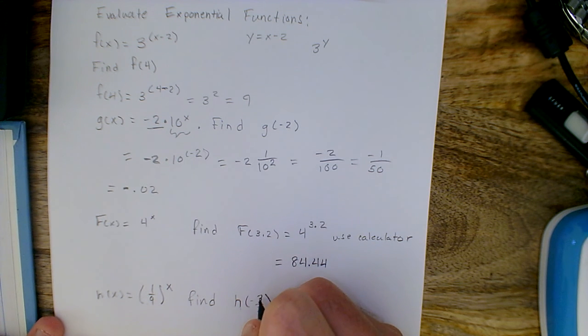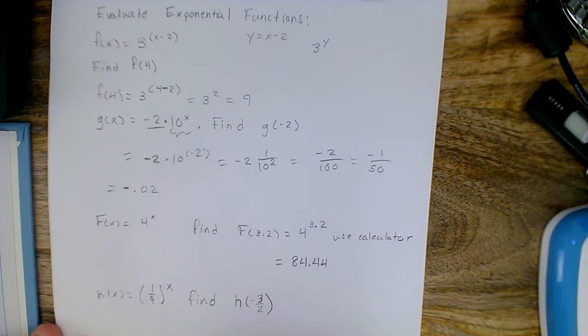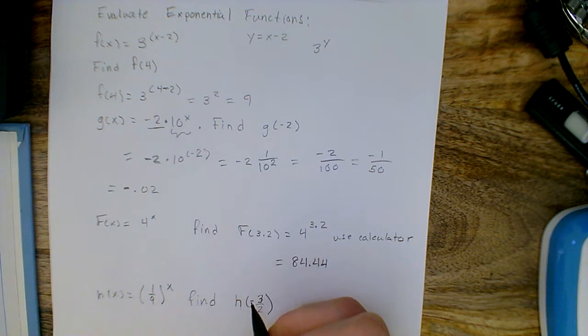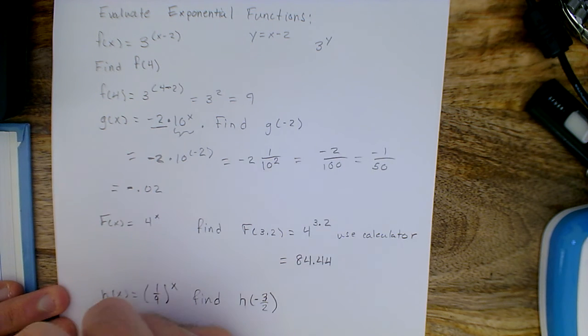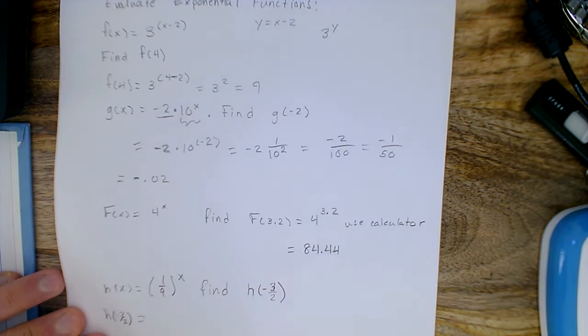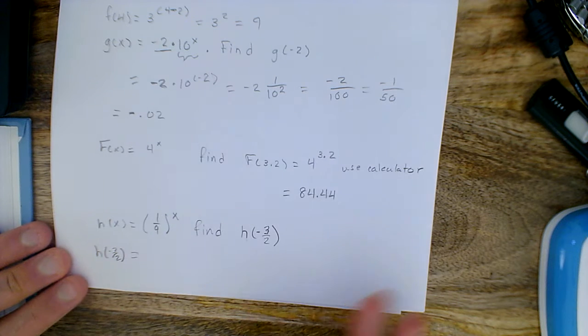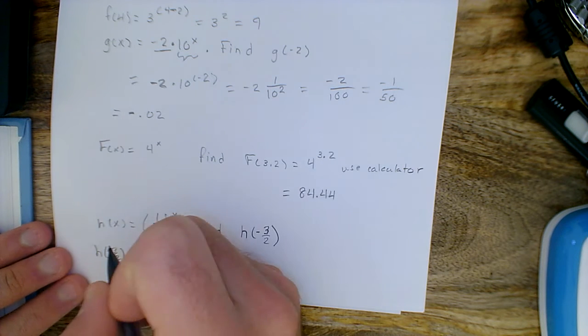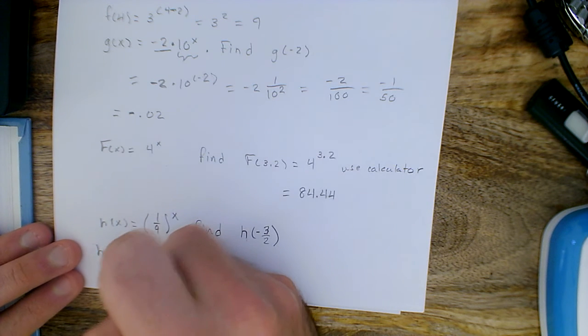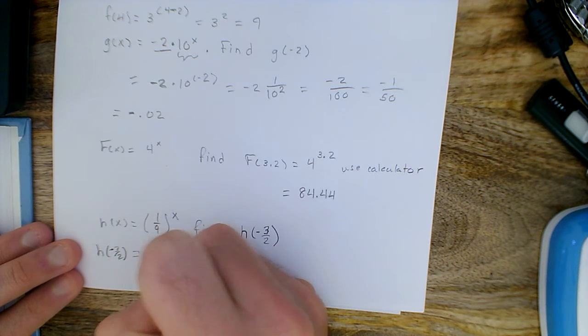So we have to jog our memory about how fraction exponents work here. So h of negative 3 halves is equal to 1/9 to the negative 3 halves.